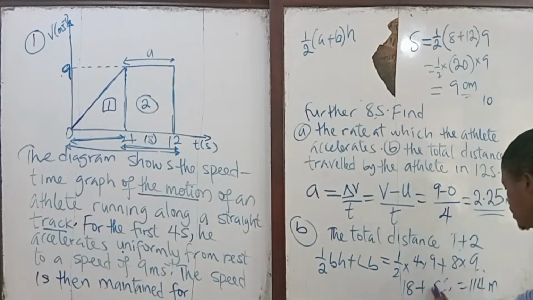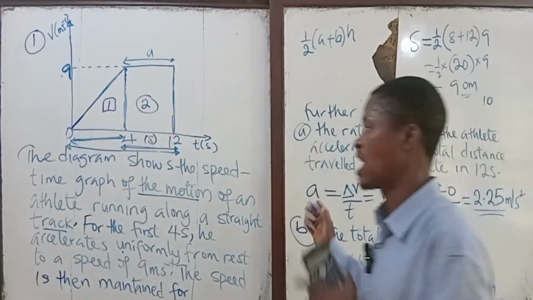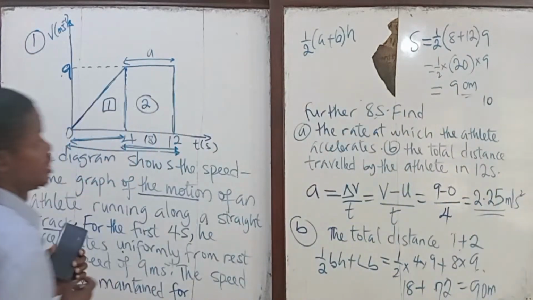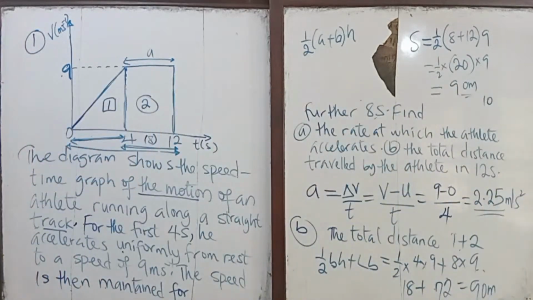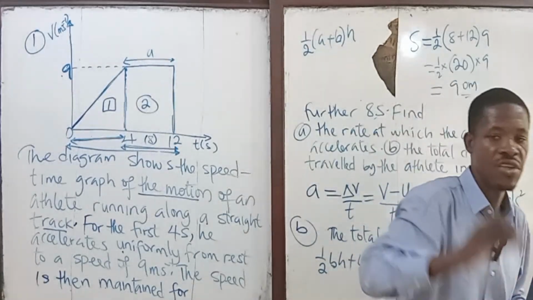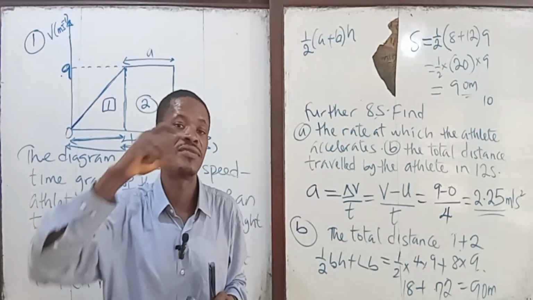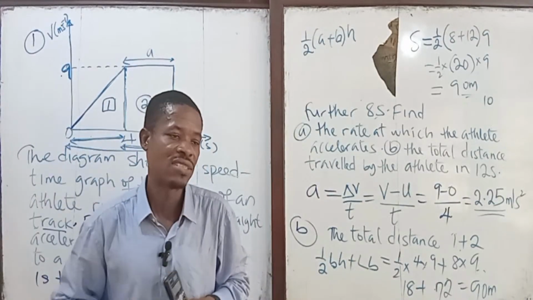So 8 times 9 is 72, and that will be 90 meters. Whichever one you use, you must get the same answer, whether you use the area of a trapezium or the area of the respective shapes.